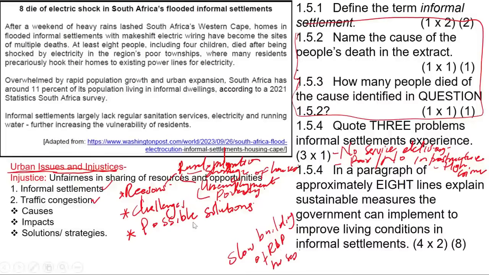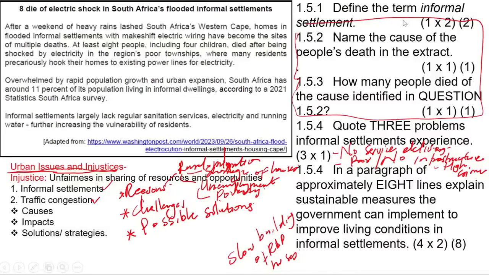Now, what are the challenges facing people living in informal settlements? The big challenge is a high level of poverty. Because of it, they receive no services. There is no infrastructure. There is a high crime rate in those informal settlements. The areas are not accessible. The material used there is highly flammable.